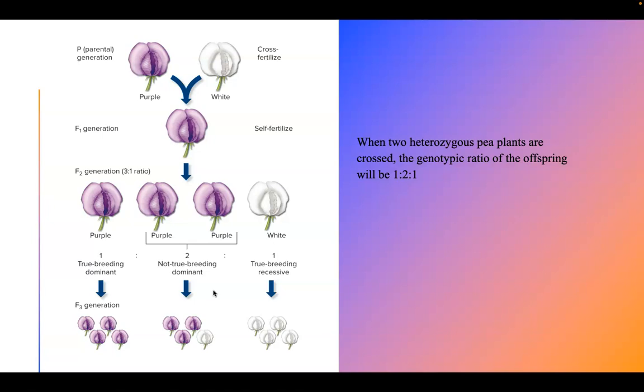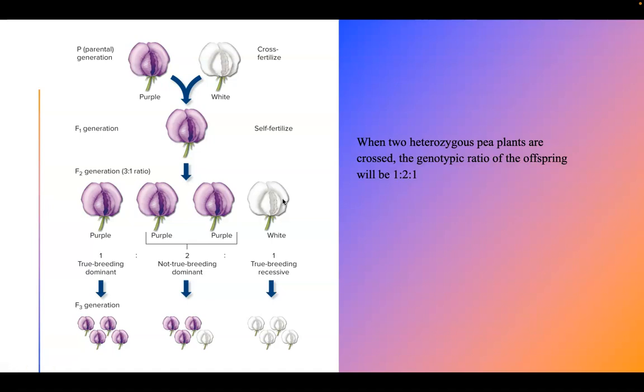When 2 heterozygous pea plants are crossed, the genotypic ratio of the offspring will be 1 to 2 to 1. You remember in class we talked about how at first he thought it was a 3 to 1 ratio, because in the F2 generation he often saw 3 purple flowers for every 1 white flower.